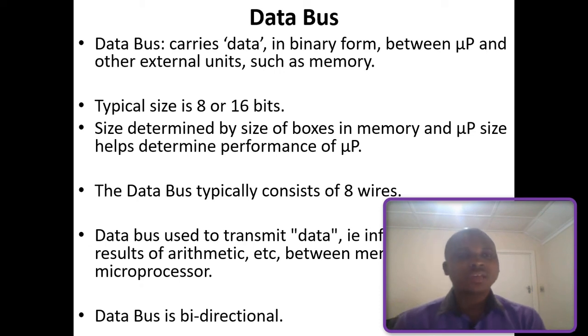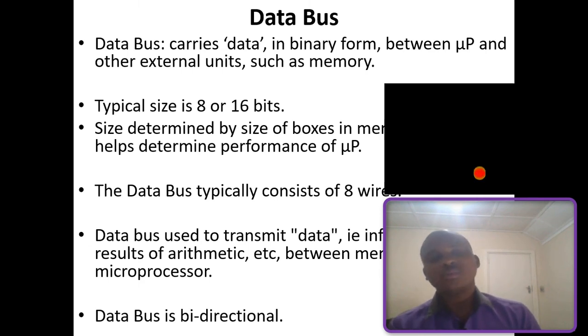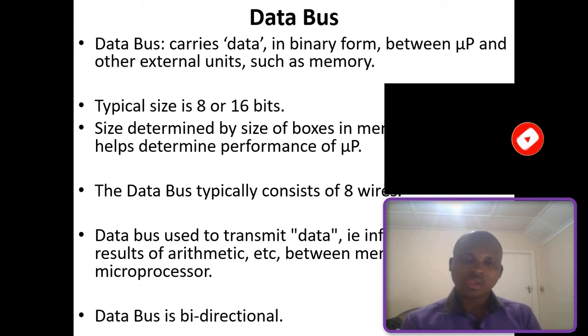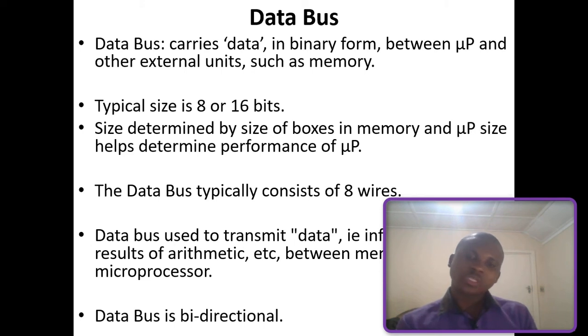So the data bus, guys, carries data in binary form, which means zeros and ones, between the microprocessor and other external units such as memory. The data bus carries the data from the microprocessor to various components like memory, or from memory to the microprocessor. That's how the data bus came into place.